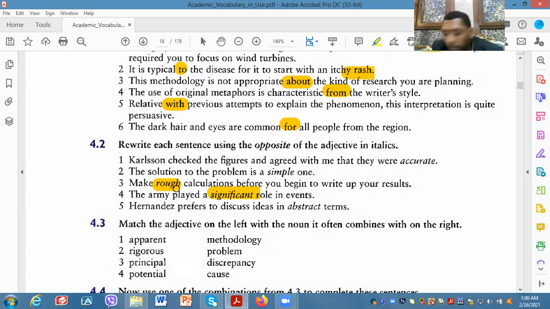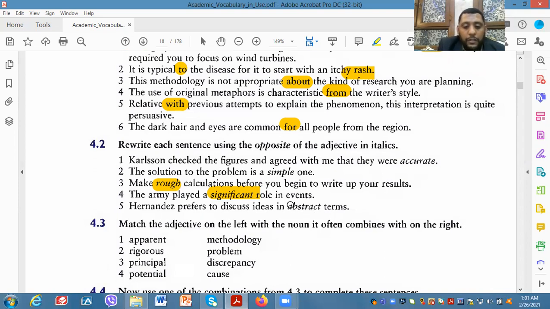Okay, the last one, Hernandez prefers to discuss ideas in abstract terms. So what does that mean? Someone, his name is Hernandez, and he prefers to discuss ideas in abstract terms.